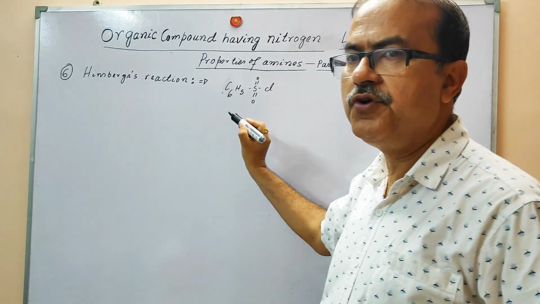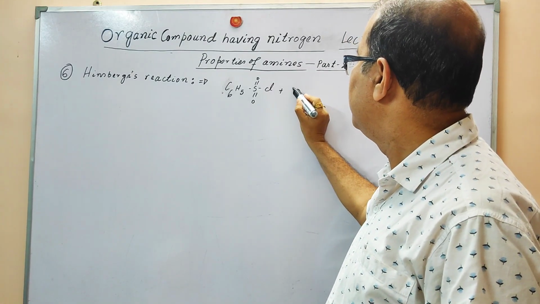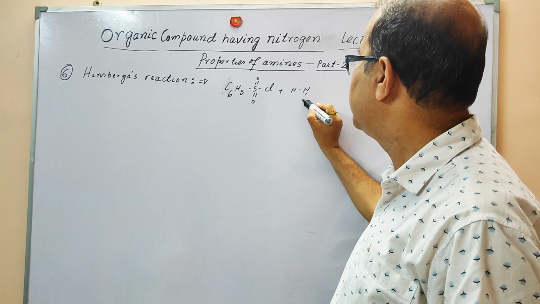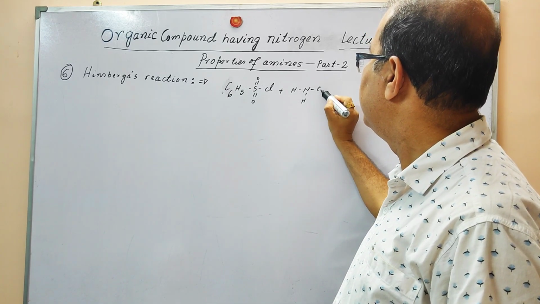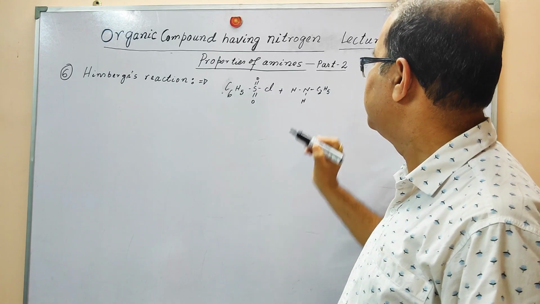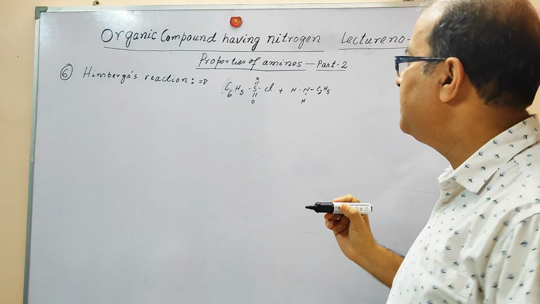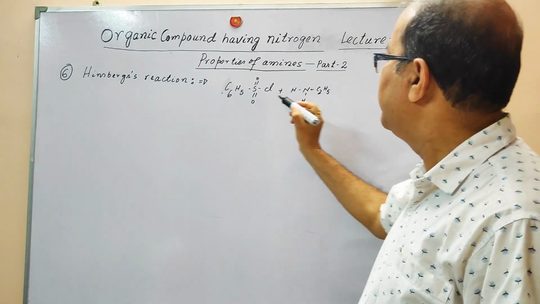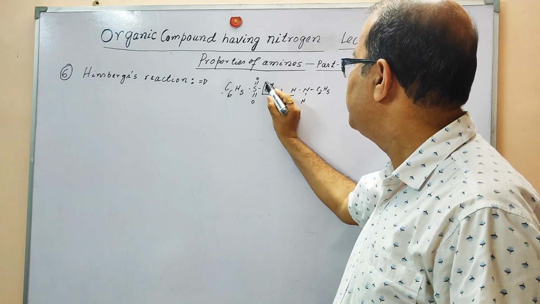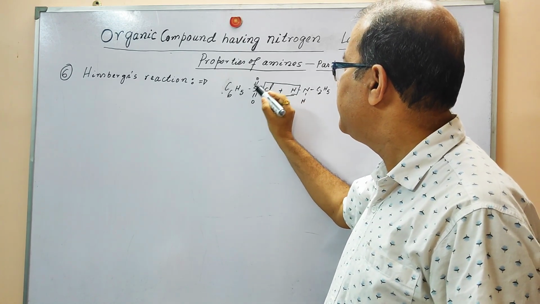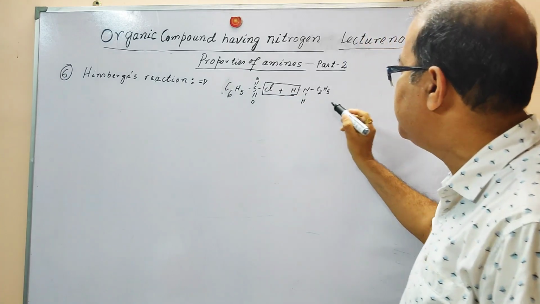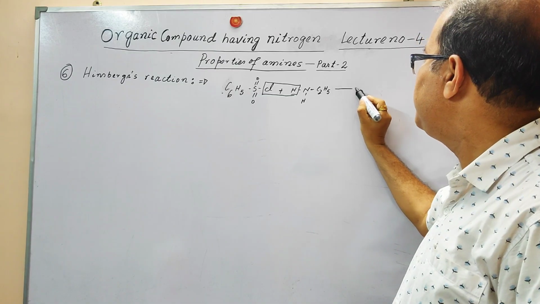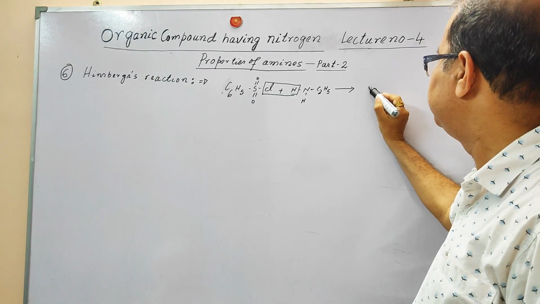This is benzene sulfonyl chloride, and we are noting the reaction with the primary amines. So we have taken ethylamine and this benzene sulfonyl chloride. So what is going to happen here? Hydrogen and chlorine, you can see, are eliminated as HCl, and it is going to produce this.